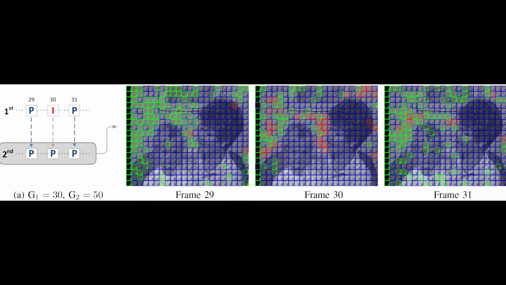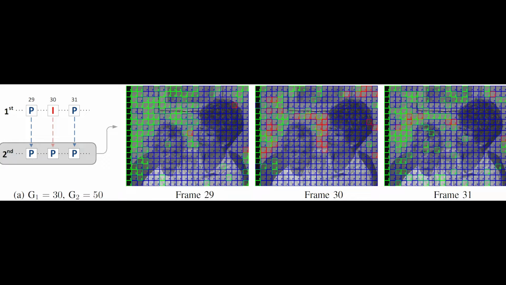What will happen to these iframes that have been changed to p-frames is that they'll still contain a high concentration of I macro blocks. And by detecting this high concentration of I macro blocks in these p-frames, it will allow us to determine whether this video has been re-encoded or not.